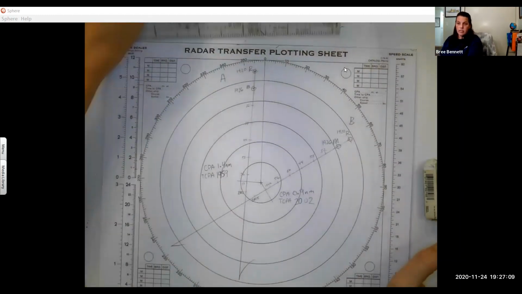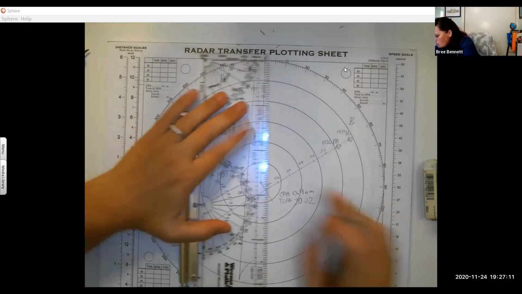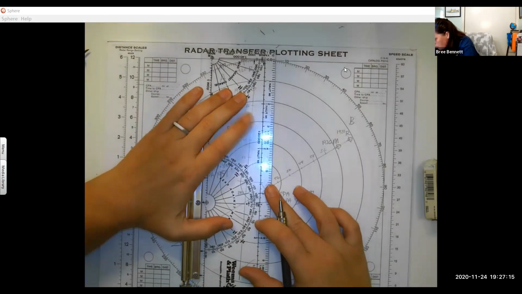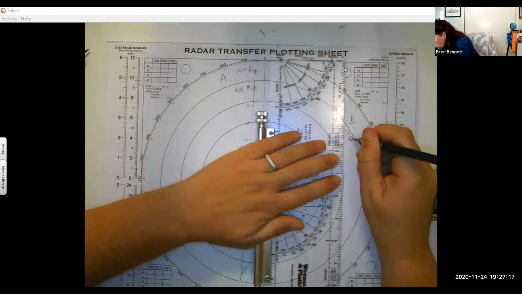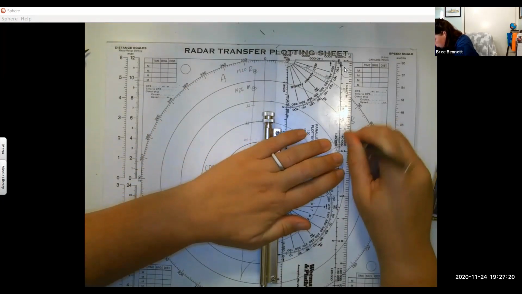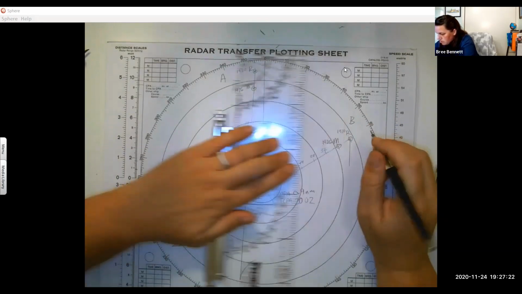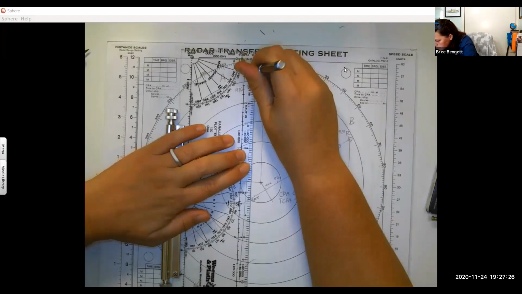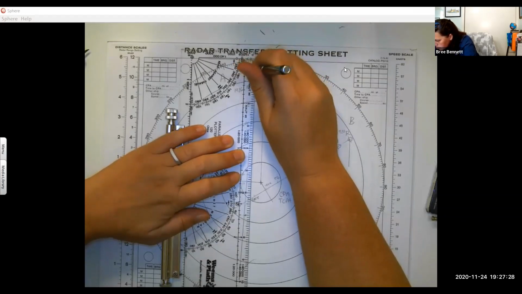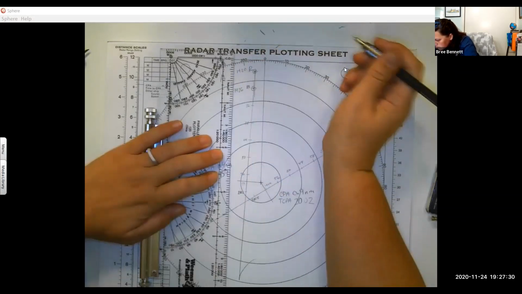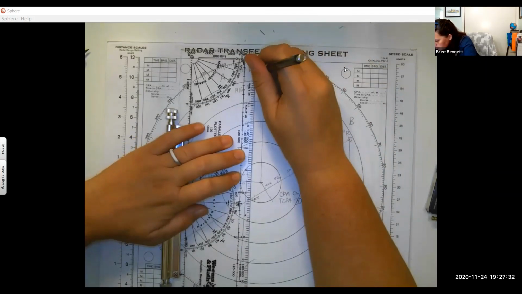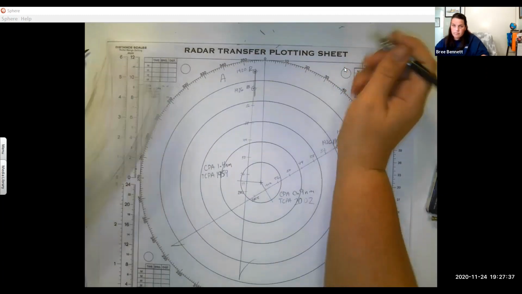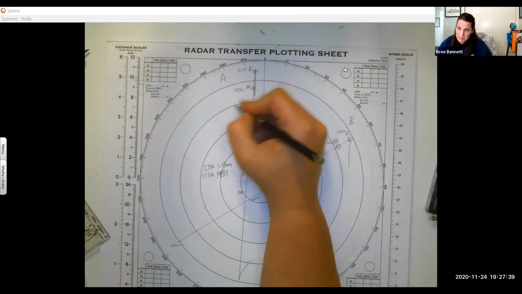So I'm going due north, so I'm going to move my due north line. We're getting a very small triangle up here.